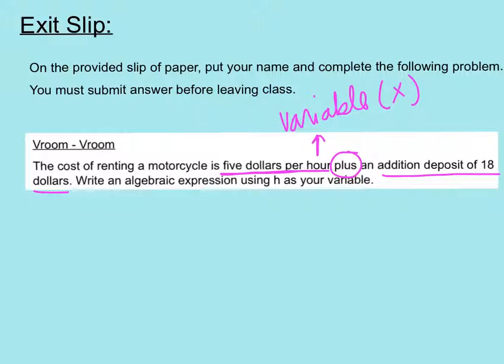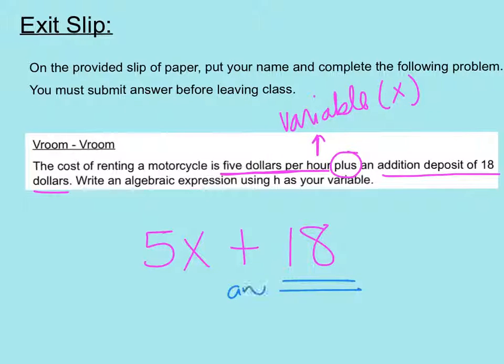So we're having it for $5 per hour plus an additional deposit of $18. So when you rent this motorcycle, you pay $18 and you have to give them $5 for every hour that you rent it.